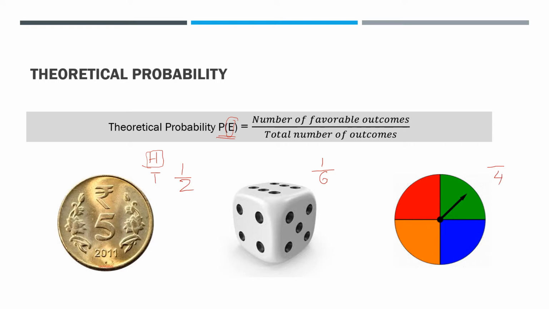Of those, one outcome, the green outcome, is favorable. So the probability is 1 over 4. So this is about theoretical probability. And like I said, coin, die, spinning wheel, these are some standard examples used in theoretical probability.